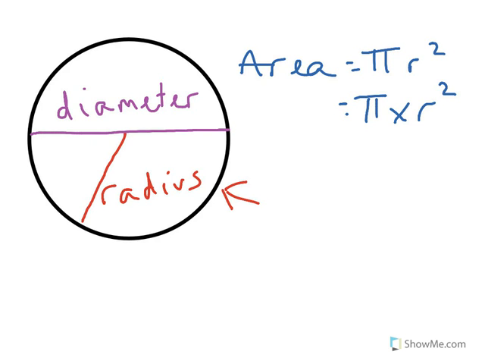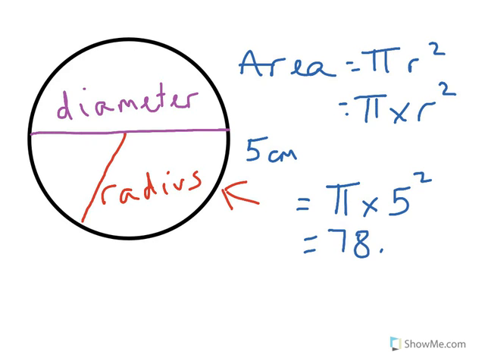Let's say, for example, that the radius of this circle here is 5. So to find the area of this circle, I would type into my calculator pi times 5 squared. You would press equals and you would get 78.5398 and so on.